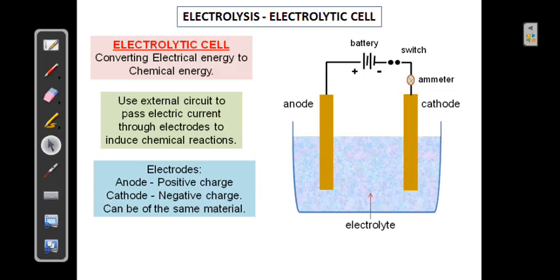You can use copper, you can use the same material, or you can even use different materials, different metals, it doesn't matter. And the flow of electrons is always from the anode to the cathode. Looking at the charges, the cathode will have a negative charge, the anode will have a positive charge.